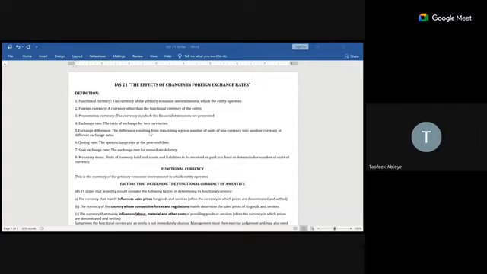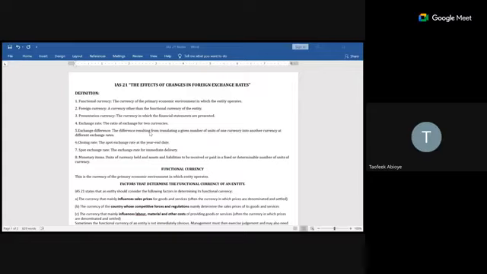So if you can pick up the definition of terms, number one is the functional currency. If you remember very well, in line with IAS 1, which is presentation of financial statements, one of the key characteristics is that we must present our financial statements in our currency.